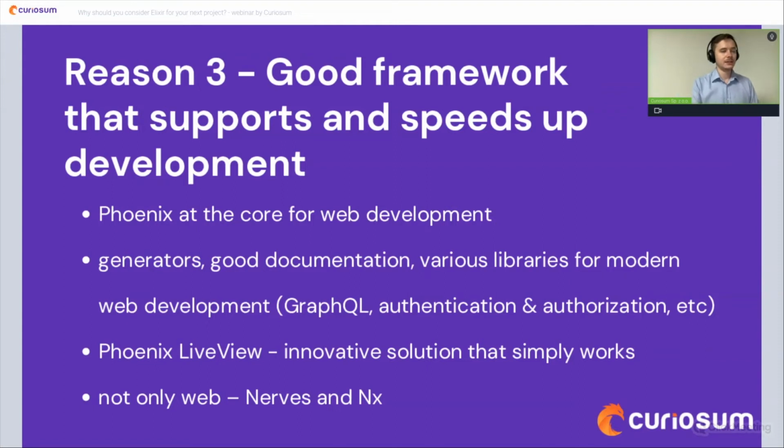I would say that this is the only solution on the market where you can actually render things like you would do in React, but on the server side. So in essence, it means that you can do front-end interactive interfaces only using the HTML as well as Elixir. You don't need JavaScript in this process.